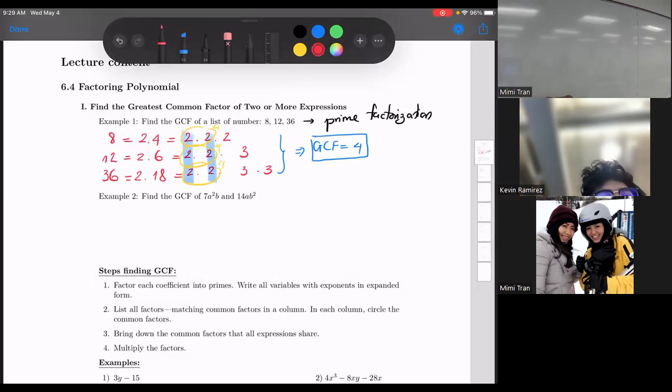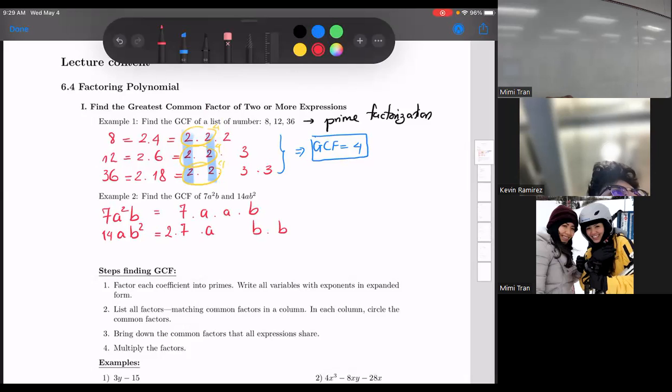What about the next one, 7a squared b and 14ab squared? Again, you have to write in columns. So 7 is already prime, nothing I can do. 7a squared is the same thing as a times a, and then times b. 14 is an even number, I divide by 2, so 2 times 7 times a, which is only 1 a, but there's b squared, so b times b.